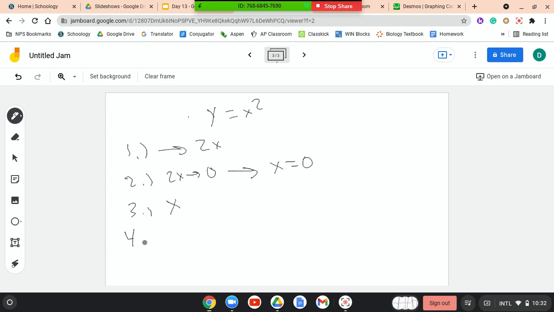Step 4 tells us to apply the first derivative test to each point. So we notice we have a derivative of 0 at x equals 0. We have to consider what the slope is going to look like from the left-hand side of 0 and the right-hand side of 0. From the left-hand side of 0, we're going to get 2 times a negative number, which will give us a negative number.